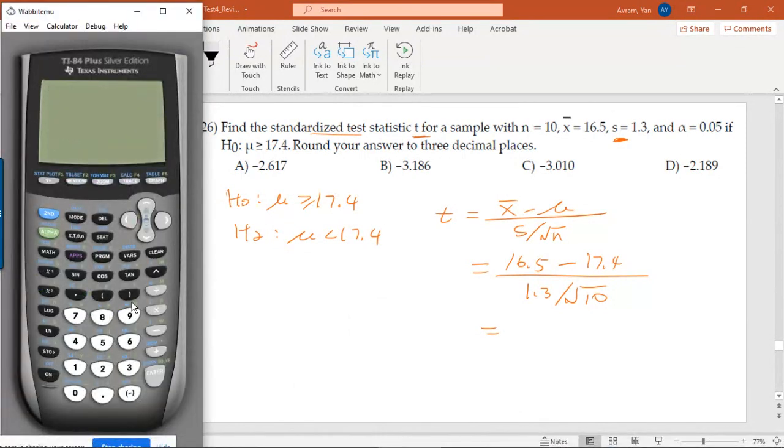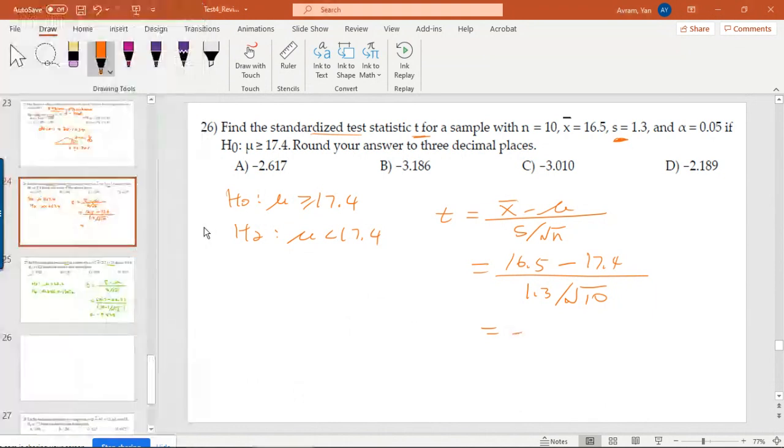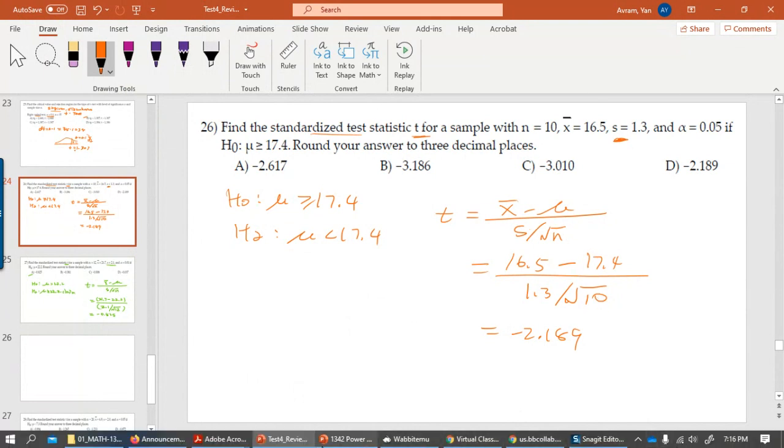You can put it in a regular calculator just like this, 16.5 minus 17.4. Make sure I close all the parentheses I have. All right, so this is negative 2.189. Okay, that is one way: you use the formula and then you do the calculator.